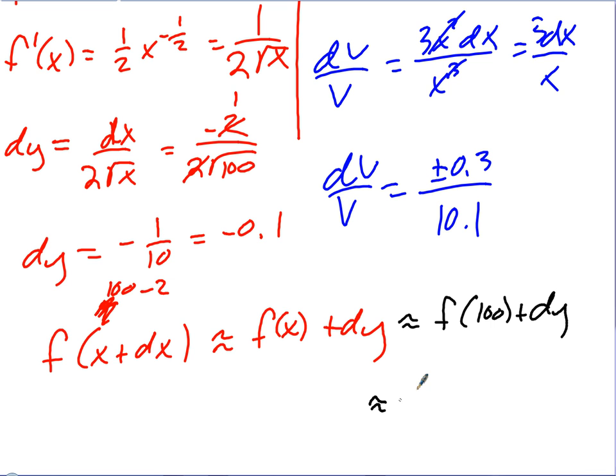So that's about the same thing as saying the square root of 100 minus 0.1. 10 minus 0.1, about 9.9. How close are we? Yeah, pretty close. Right, pretty close.